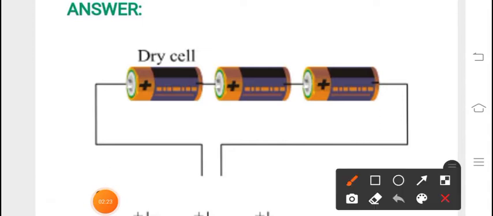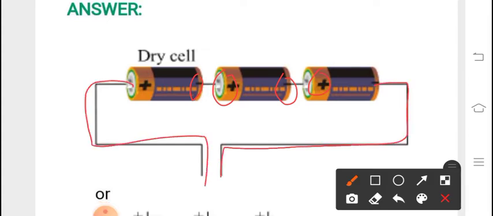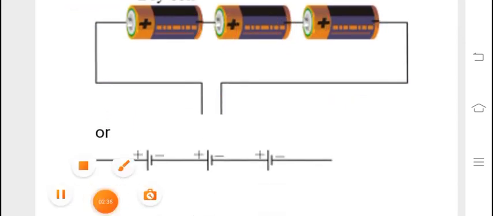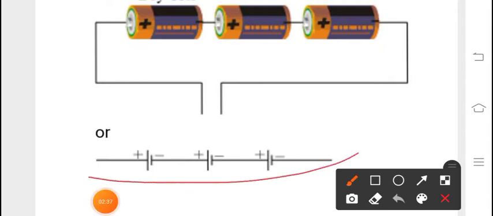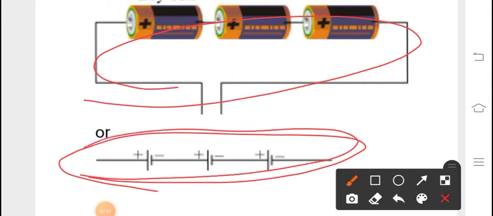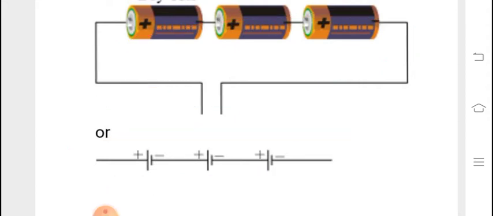Here you can observe this is negative and this is positive, this is negative and this is positive, and this negative will go to connect over here to this positive. This is the connection, or we can show this in this way. You can show this as well as this, but this one is better to show the connection between your cells.